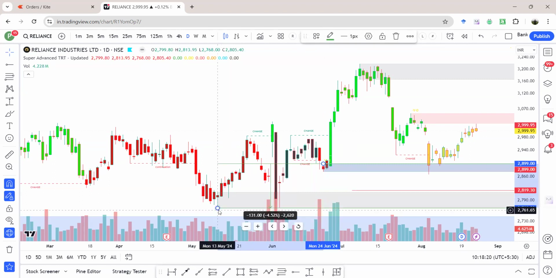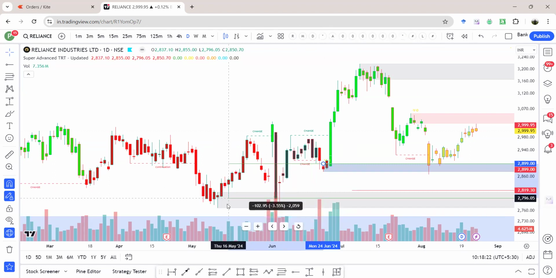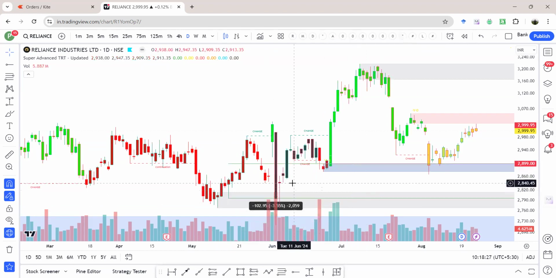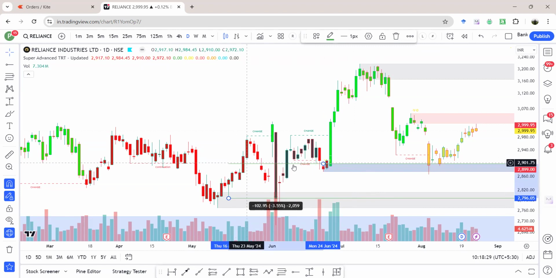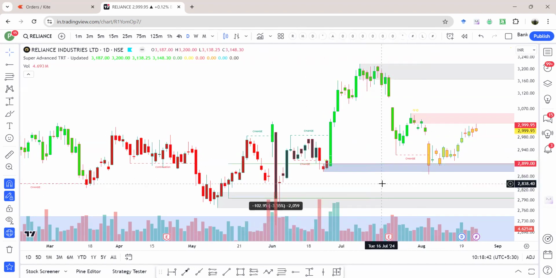Suppose we place an order and the stop loss is around 100 rupees. This is just for explanation. So if our risk is 100 rupees and price comes to this level, we want to buy. If we buy 250 shares, how much is our risk? 25,000 rupees.